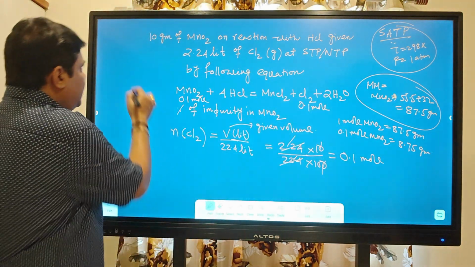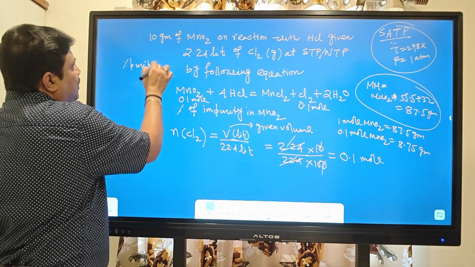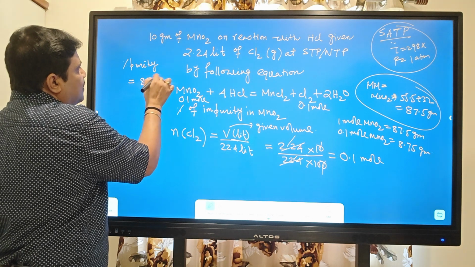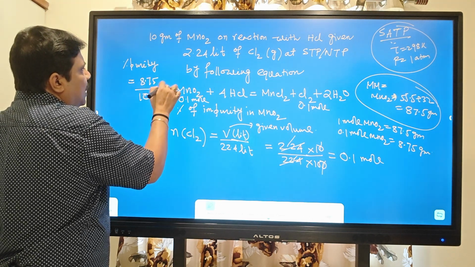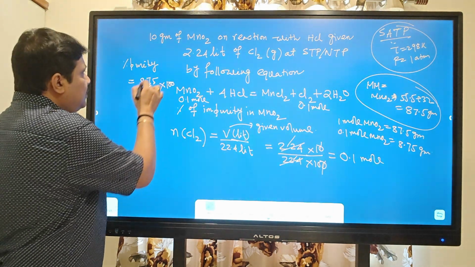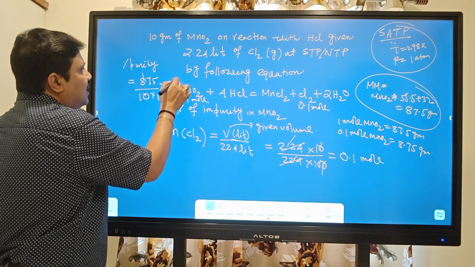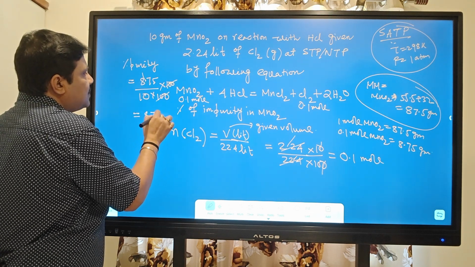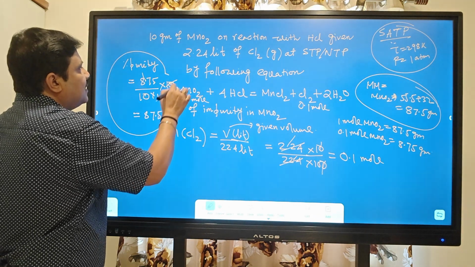So then my percentage purity will be equal to the amount really reacted, which is 8.75, over the amount given, 10, into 100, is your percentage of purity. Then write down here, 100 cancelled, and you get 87.5%. This is your percentage of purity.